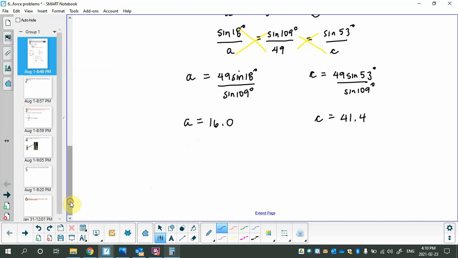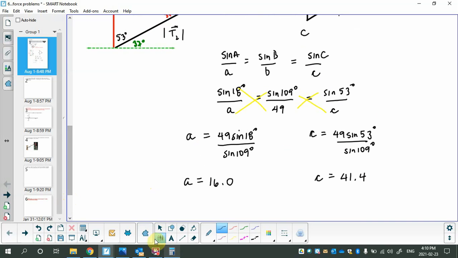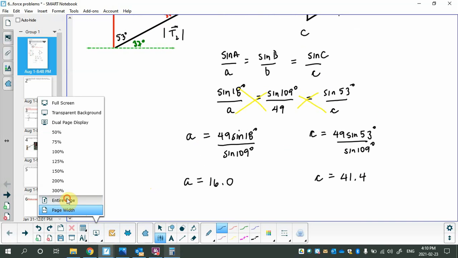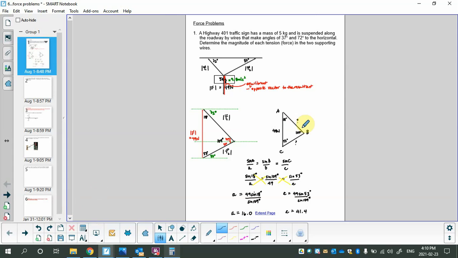And then I have to refer back to a couple of the pictures. So I'm going to put this on big screen, hoping that it is big enough, just barely. So my little c was my T1, and my little a was my T2. That's what I needed to check.